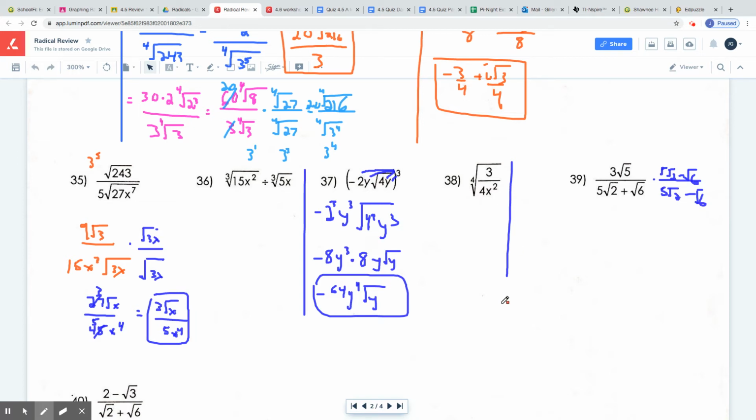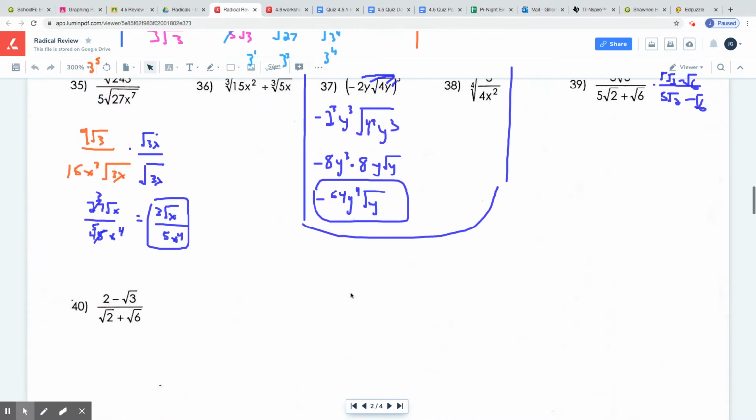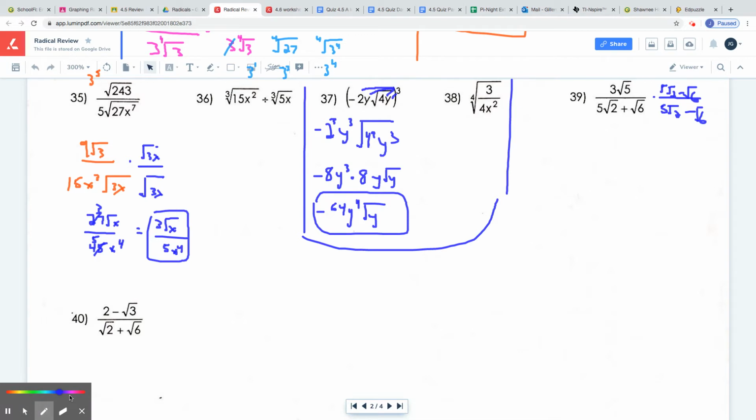I'm going to put this down here so there's a little bit more room. Okay. So I'm going to distribute this. 3 root 5 times 5 root 2 is 15 root 10 minus 3 root 5 times root 6 is 3 root 30. So that's the top.